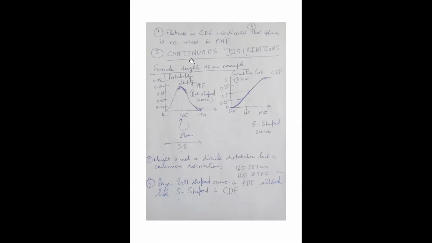Let us look at the continuous distributions. When the random variable in question is a continuous random variable, I'm taking the example of female heights. Right? Female height is a continuous random variable. Why?